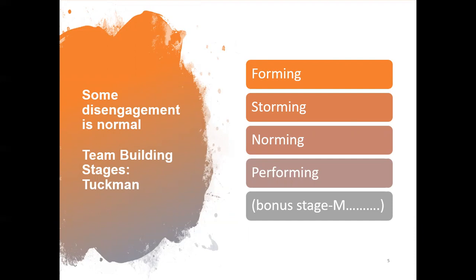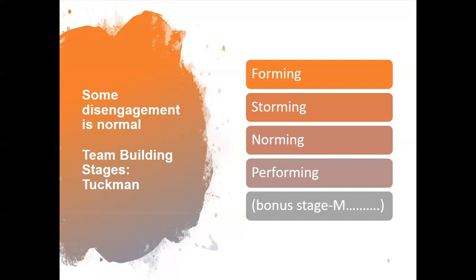Okay, but we need to appreciate that all groups are going to go through the forming, storming, and the storming stage is where people act up. The norming is where people are going to get a little bit more used to what is normal and what's acceptable. And then performing is when people are literally performing at their very best. But if we're not aware of these stages that groups go through, we may get very frustrated, particularly in the storming and norming stage.